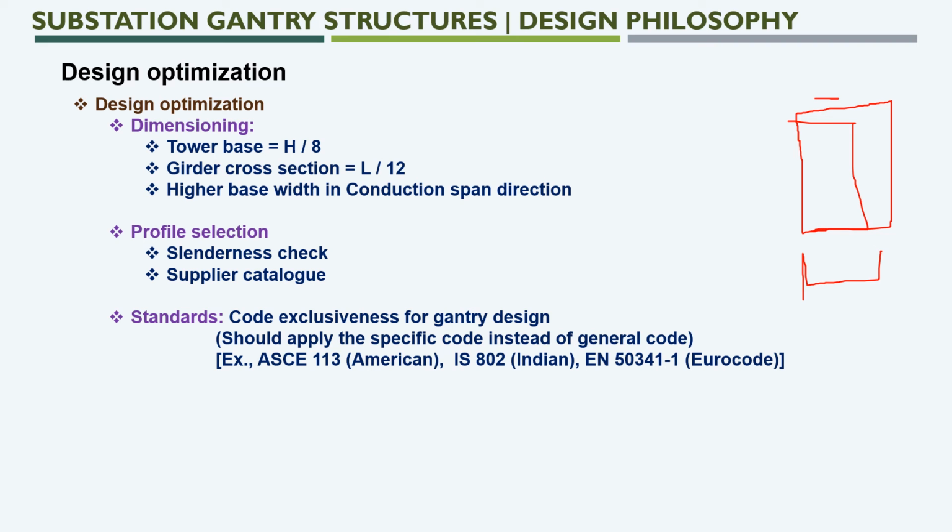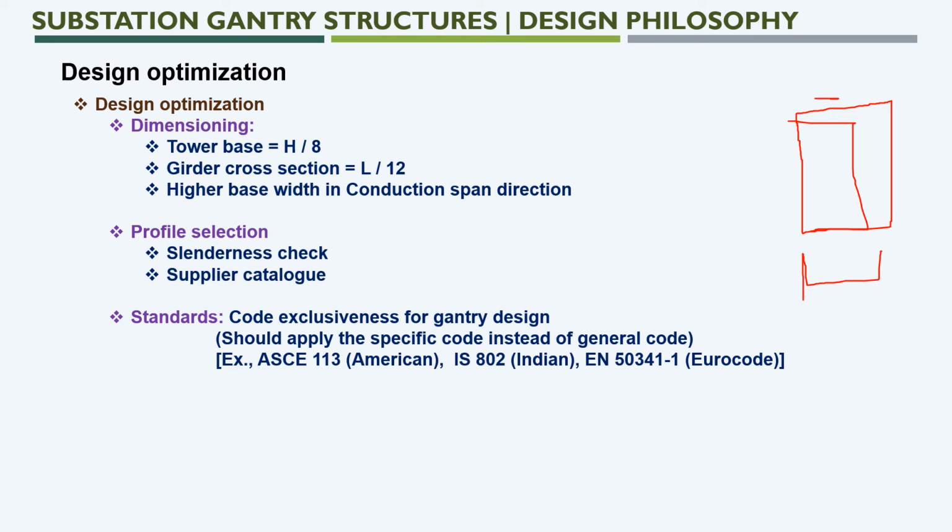The maximum dimension should be h divided by 8, and the minimum dimension depends upon the deviation of the conductor. If I have a horizontal deviation up to 30 degrees, we need to increase this width, or else we can have a uniform width from bottom to top up to the connection of the girders, or else we need to increase this.